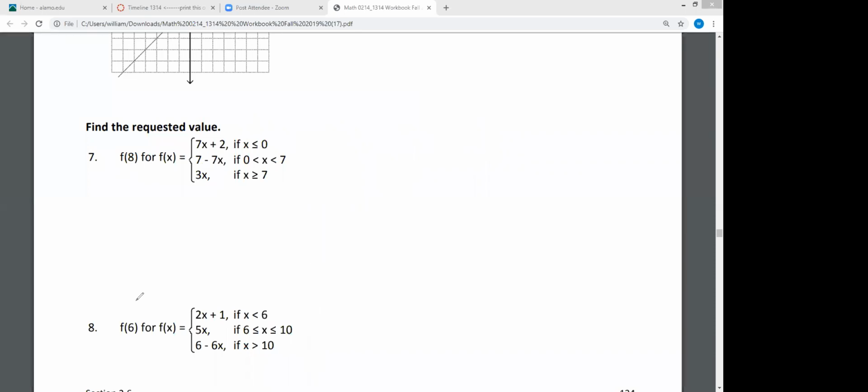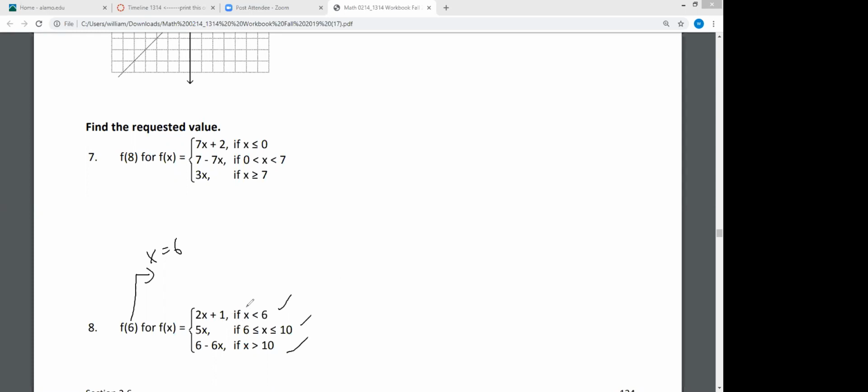So this next one, x equals 6. Which one do I use, top, middle, or bottom? Middle. Somebody said the middle. Anybody agree? I need one person to agree or somebody disagree. Yeah, the middle.